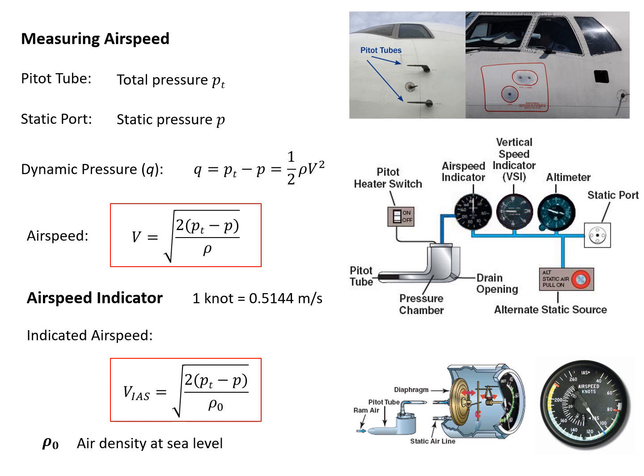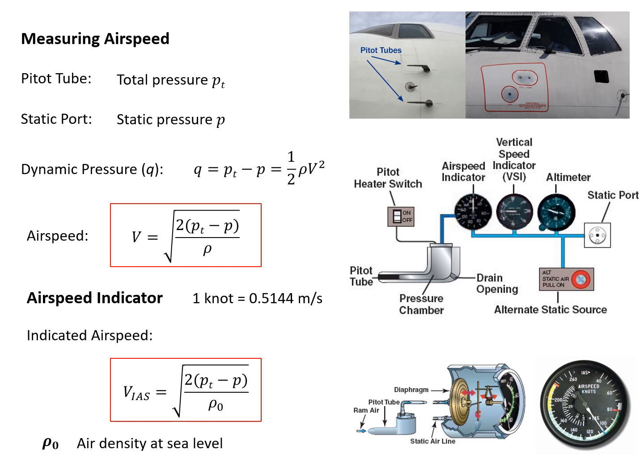In the square root, in the denominator, we have rho 0. That's the air density at sea level. If we compare the airspeed definition and the definition of indicated airspeed, we see the differences in the denominator. The indicated airspeed uses the sea level density, but the airspeed uses the local density. That's the difference.